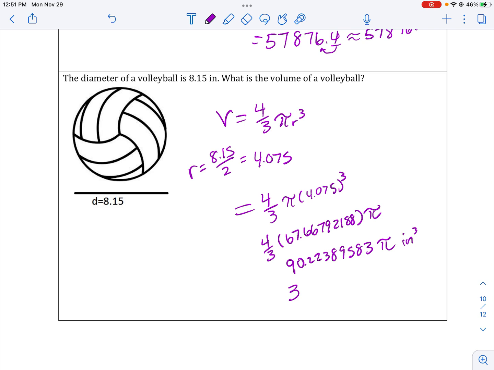I get 283.47283, depending what it asked to round to. Let's say we round to the nearest tenth, 283.4 cubic inches.